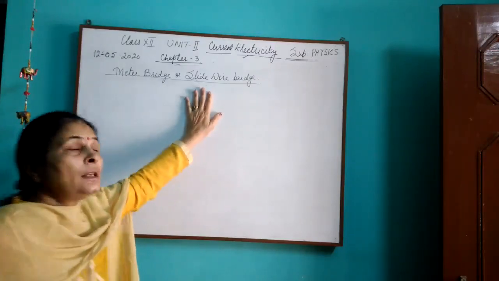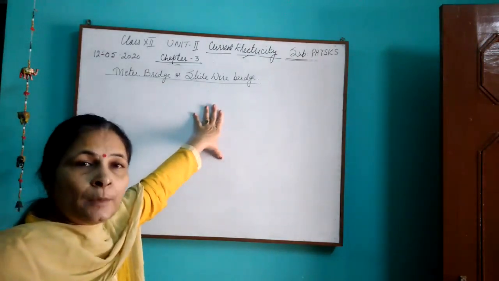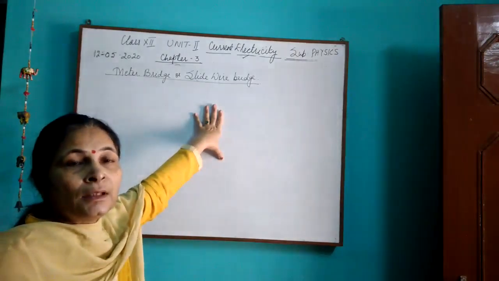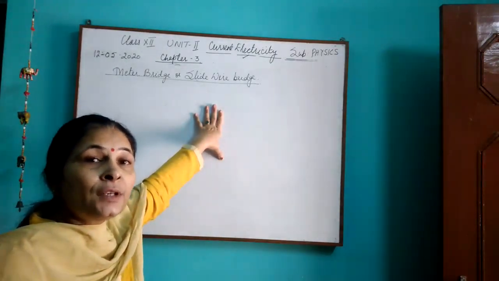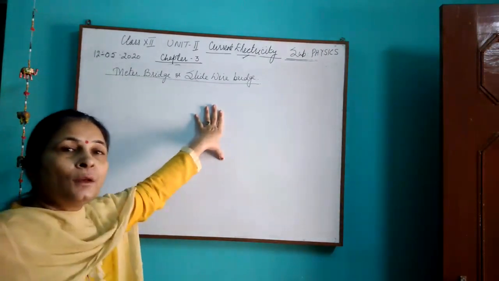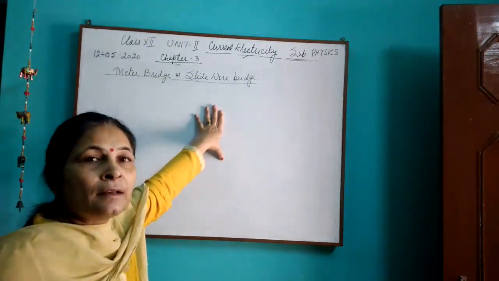Working is very important, as you'll be doing 3 experiments based on this meter bridge only: to determine an unknown resistance, and to prove the law of resistances in series and in parallel.